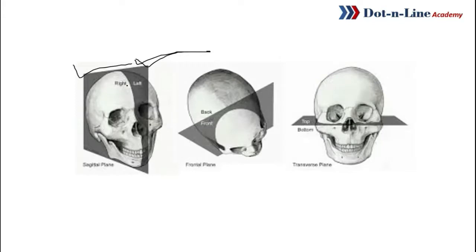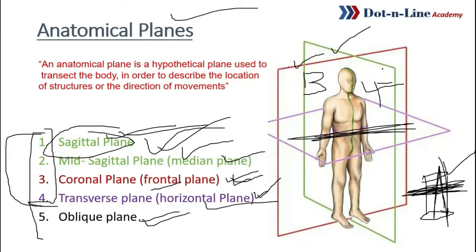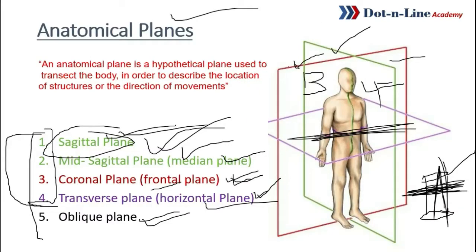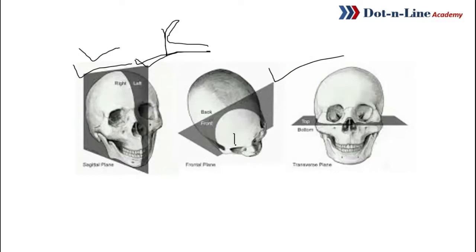Relate it with this image, this green section passing from the mid, dividing the subject in left and in right. So it is a sagittal plane, and specifically a mid sagittal. Can you relate it with this image? Yes, this one, in left and right. In front and back.